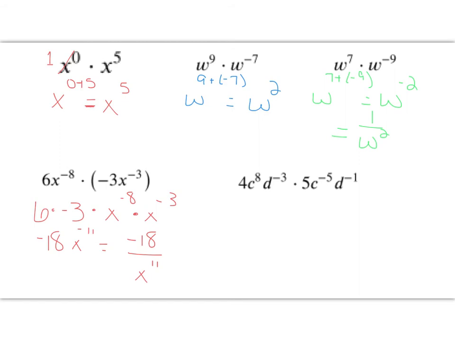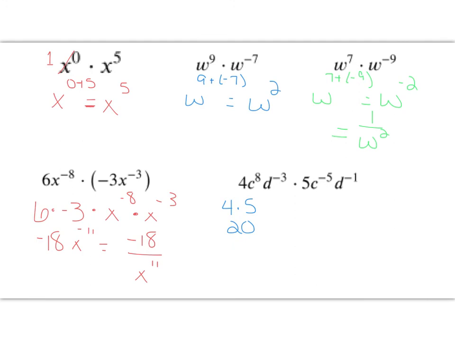All right, one more. So I have 4 c to the 8th d to the negative 3 times 5 c to the negative 5 d to the negative 1. I want you to look at this. Tell me what my new coefficient is going to be.